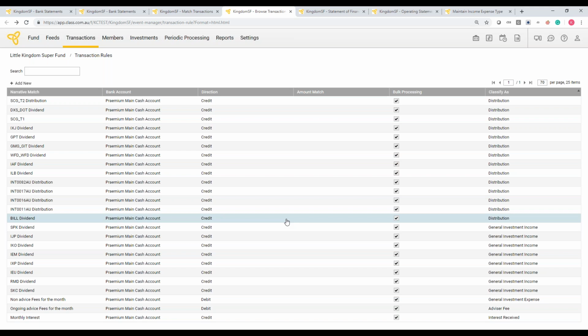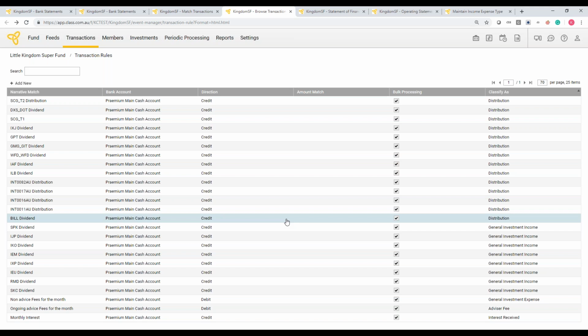The reason being is these wrap statements consist of a bunch of shares, listed trusts, exchange traded funds, a few managed funds. So you will have foreign incomes, you will have distributions from trusts as well as dividends.